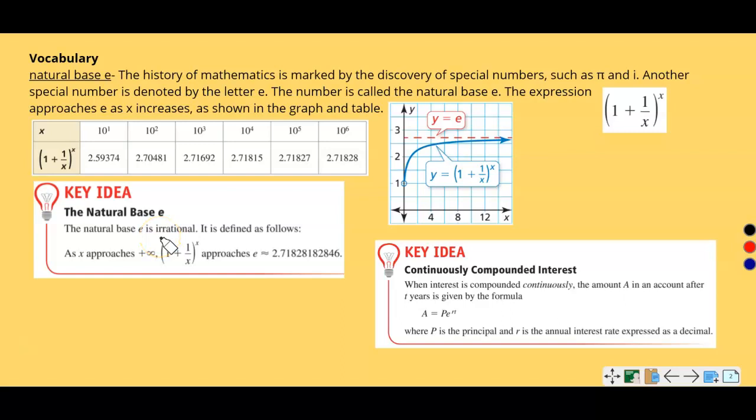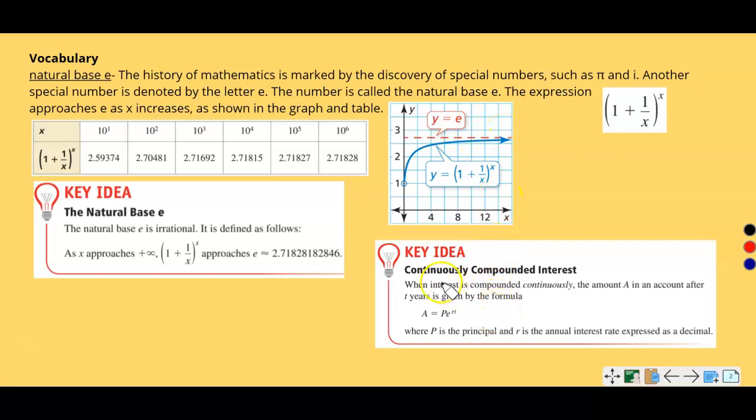That makes it similar to pi in that it's irrational. It is defined as follows. As x approaches infinity, you can see here x is going towards positive infinity, (1 + 1/x)^x approaches e, or this dashed red line.